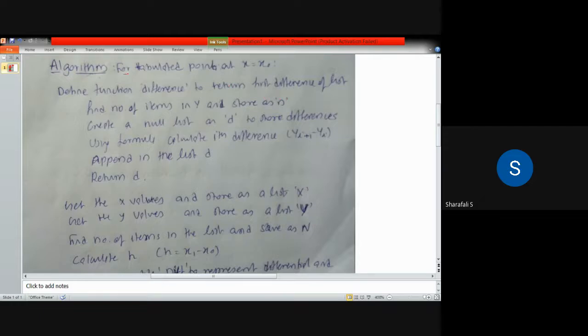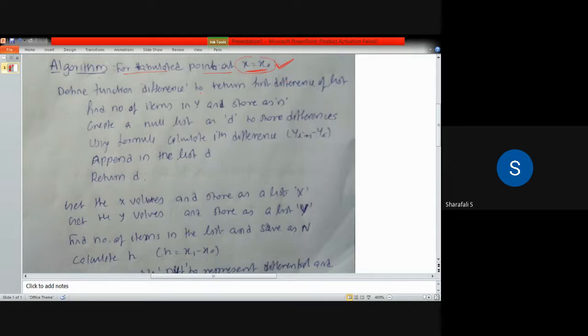So this algorithm is for tabulated point at x equal to x0. You can modify that according to the general case also. So this I have written as a simple case. So at x equal to x0, we are considering. So this is for the tabulated case. So in that case, we have to consider the minimized form of that general equation that we already discussed, for x equal to x0, how the equation comes.